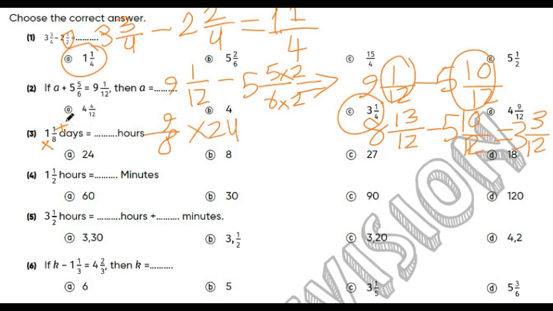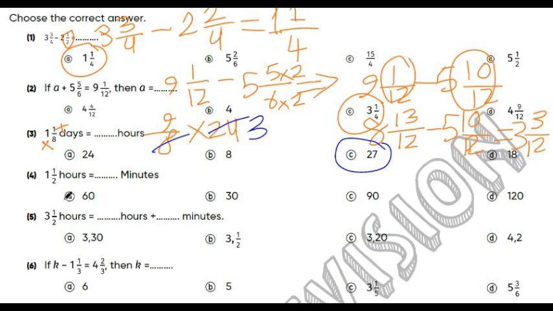Now we can simplify 24 up and 8 down. 24 over 8, we know that it will be 3. So 9 times 3 equals 27. The next one, we have to know how many minutes in an hour.